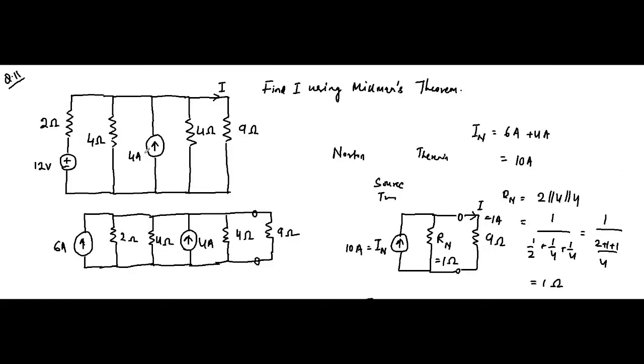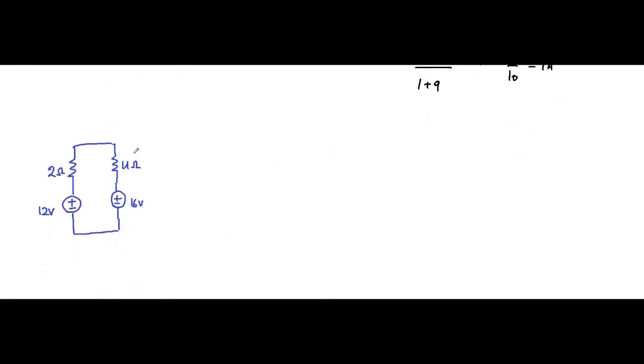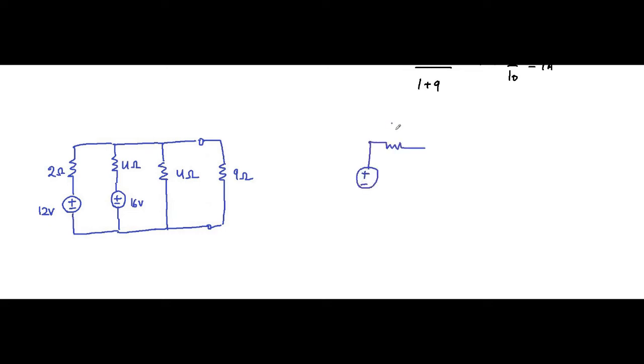Next we have this 4 ohm resistor, which remains as it is. And then we have the 9 ohm resistor. Across these 2 points we have to determine the Thevenin equivalent circuit.